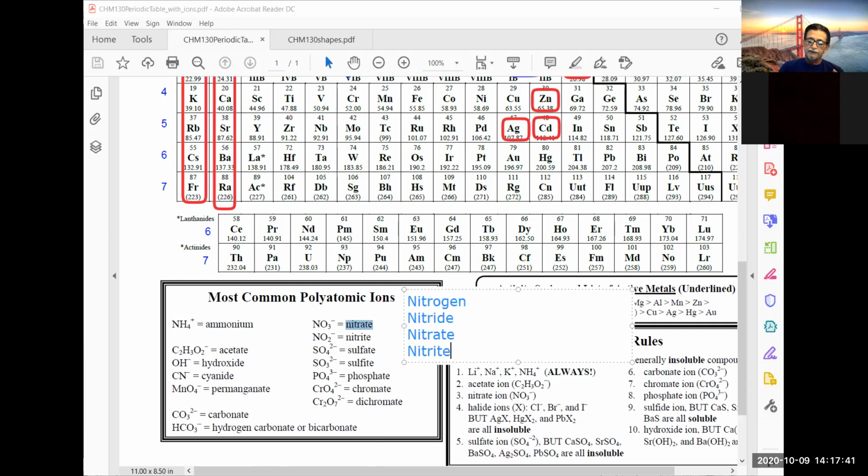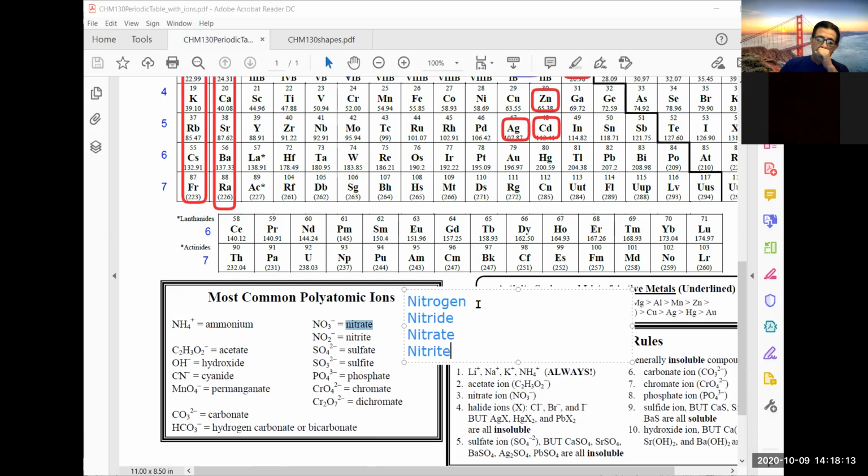Because sometimes you might be asked to write the formula for sodium nitrate, and people inadvertently mistake the ATE for the IDE and simply write the nitride. That's why it's important to distinguish between the IDE, the ATE, and the ITE. The same is true for sulfur. We got sulfur, sulfide, sulfate, and sulfite.